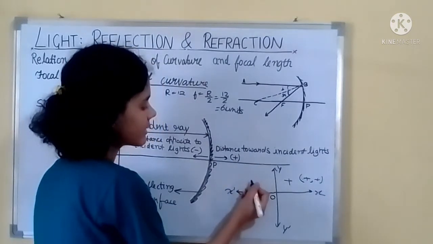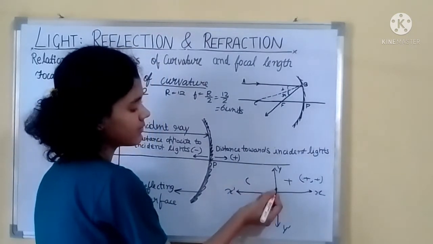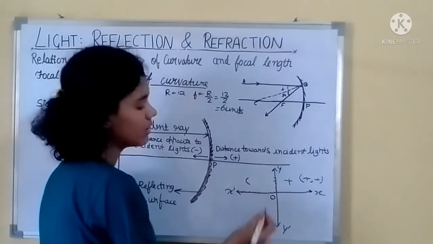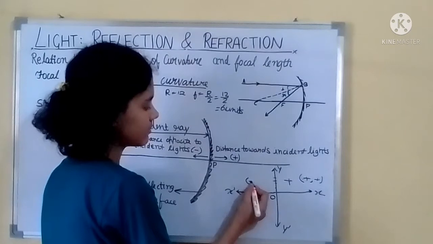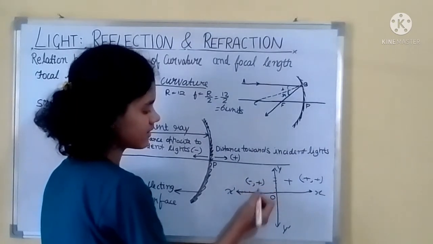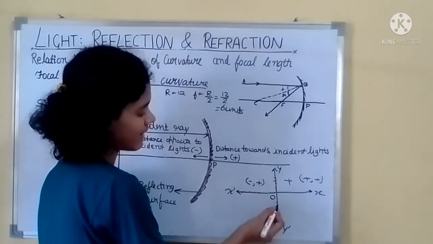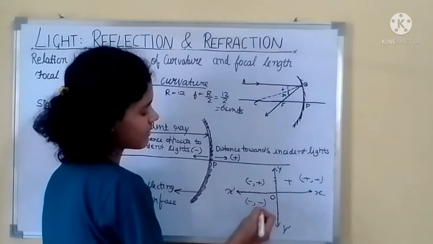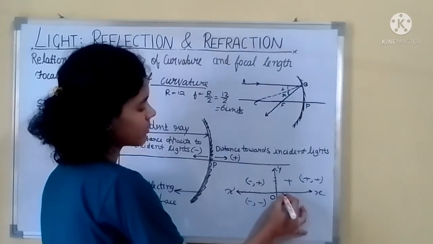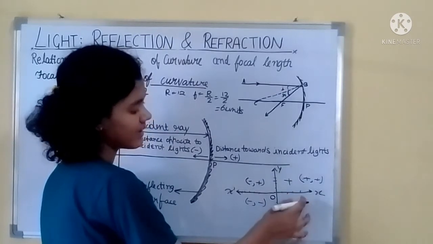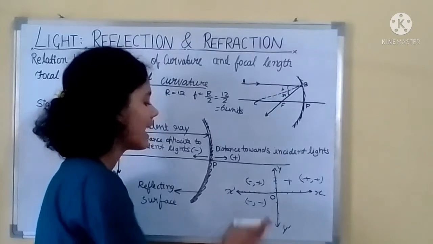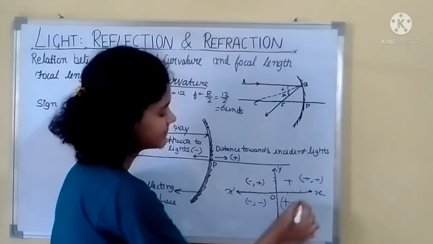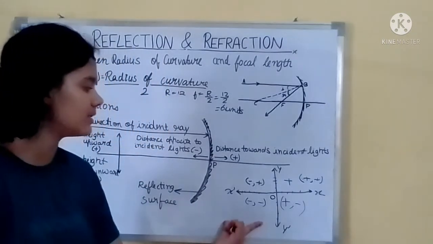Then in the second quadrant, all the y values are plus, and on x dash all the values are minus, so minus comma plus. Then in this one, y dash is minus and x dash is minus, so we get minus comma minus. And in the fourth quadrant, x is plus and y dash is minus, so we get plus comma minus. So this is like this only.